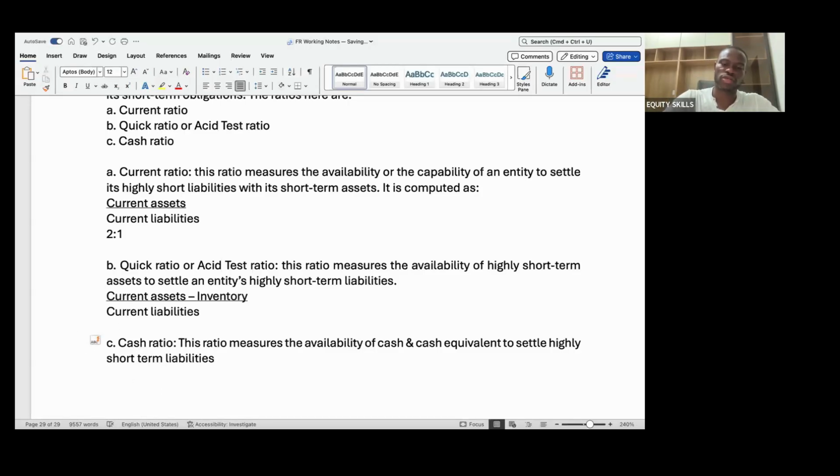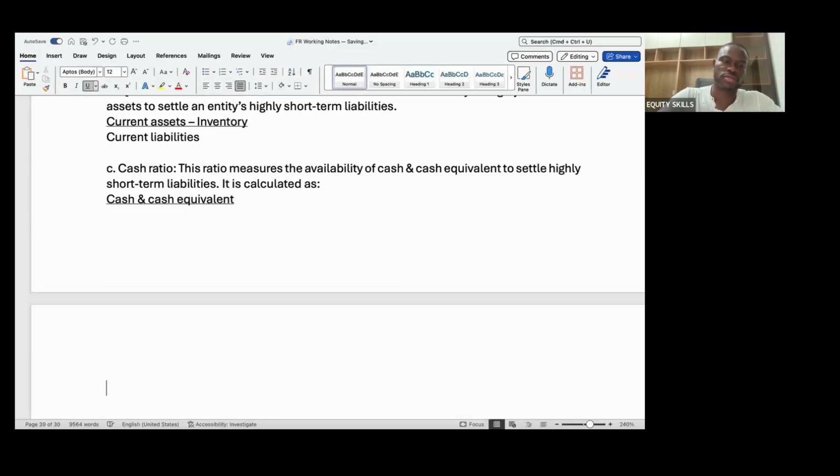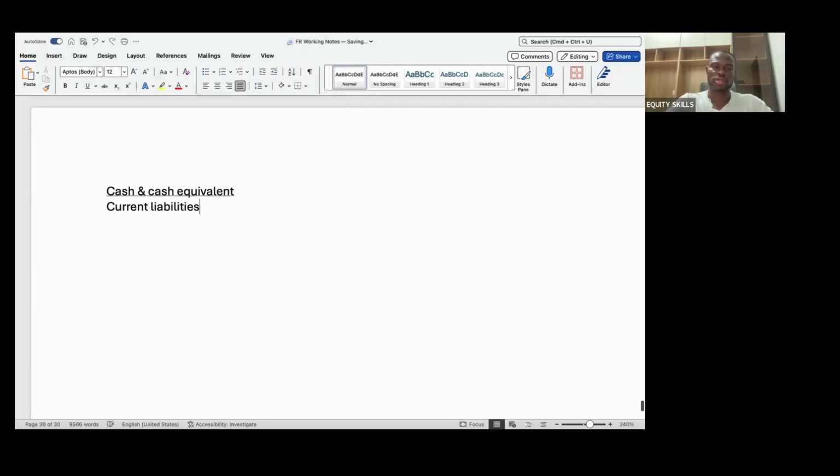So how do we calculate it? It's calculated as cash and cash equivalent all upon current liabilities.